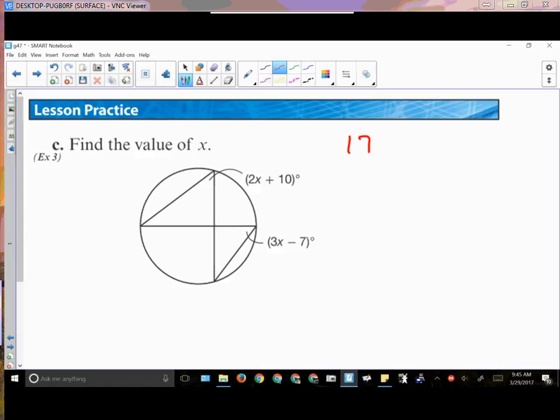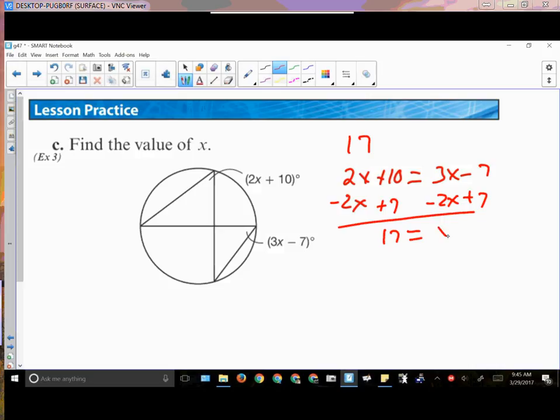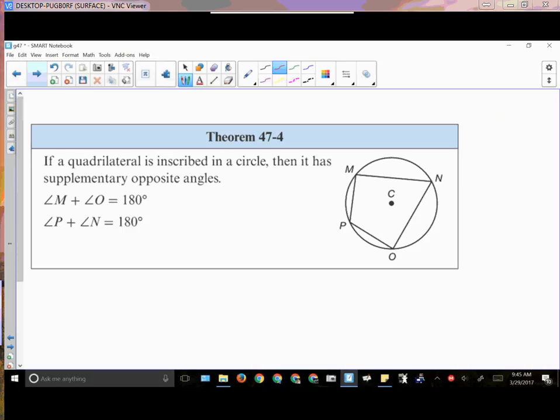Now, they're opening up to the same arc, so that means that 2x plus 10 should be equal to 3x minus 7. Well, I'm going to subtract 2x here, subtract 2x here, add 7 here, add 7 here, and 17 is equal to x. Absolutely correct. Good. So I'm going to give you a few moments here and put this one into your notebook.